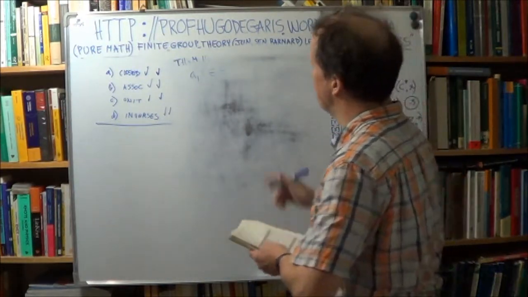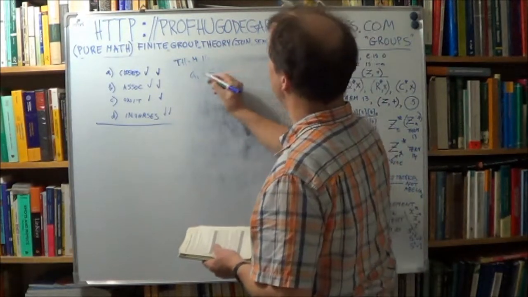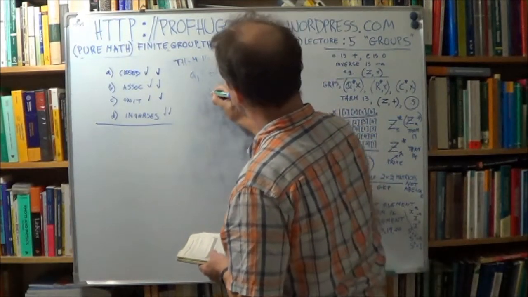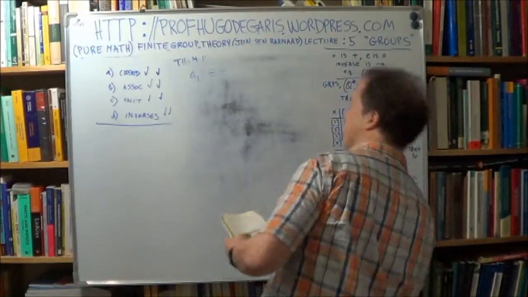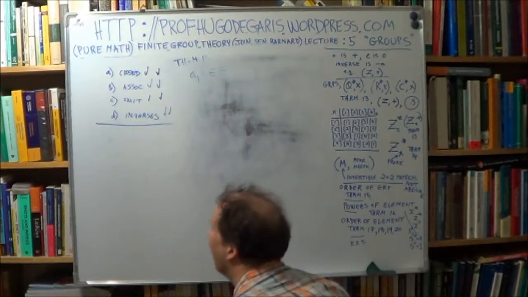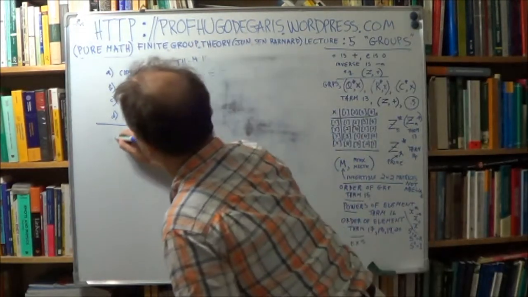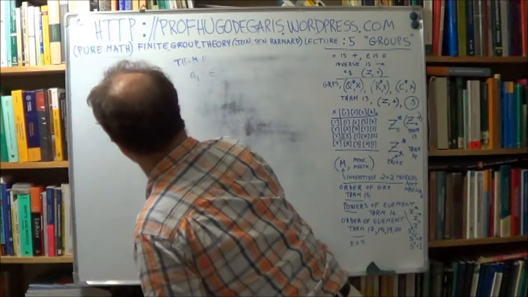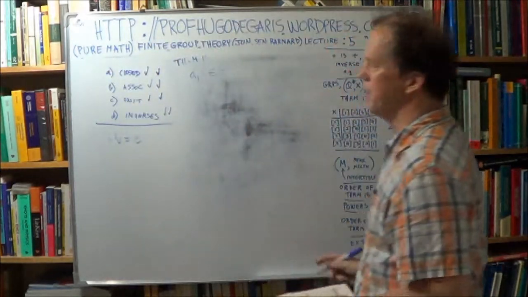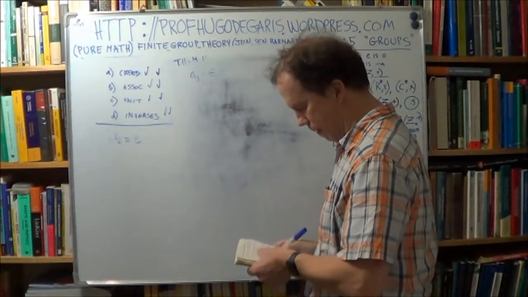Okay, so you're given two elements, A and B belong to G, and you're told that AB equals E. So what can you conclude?